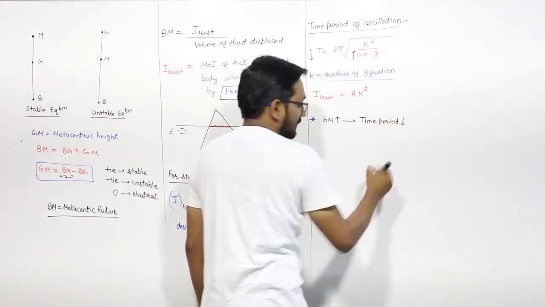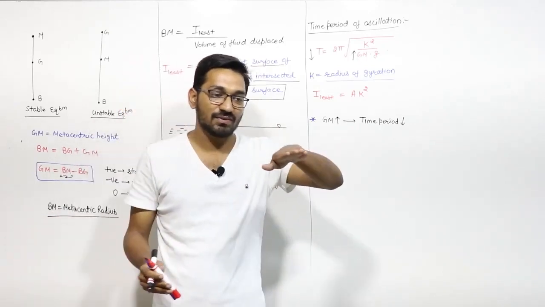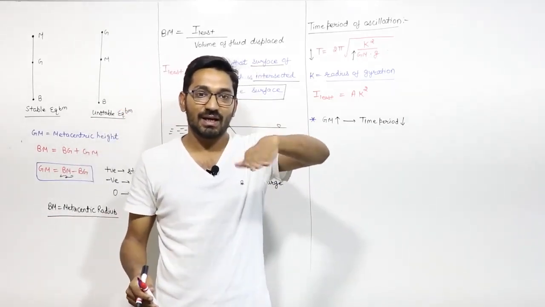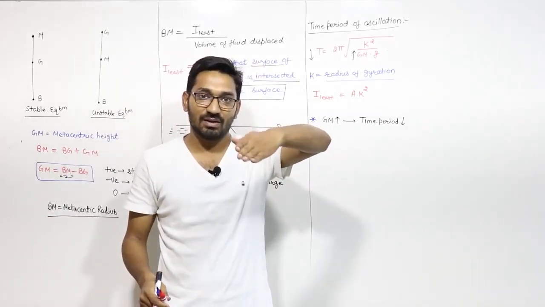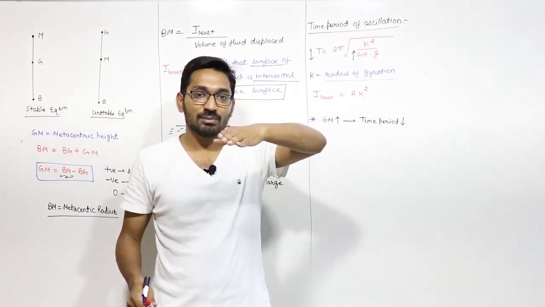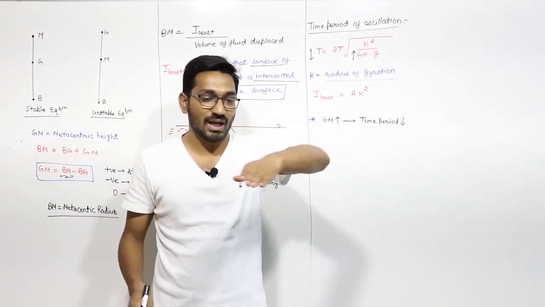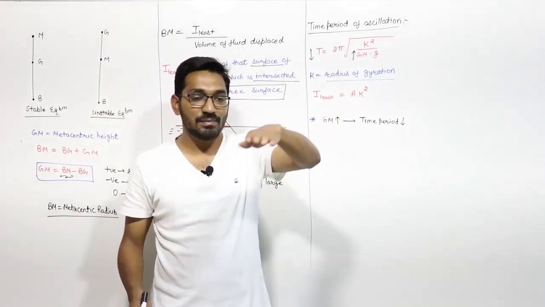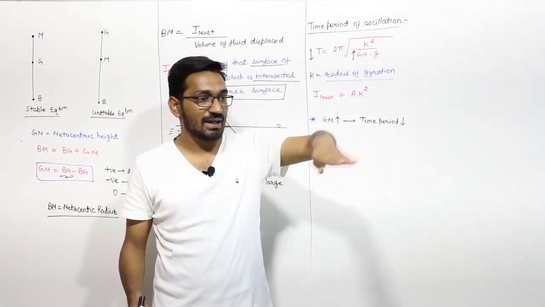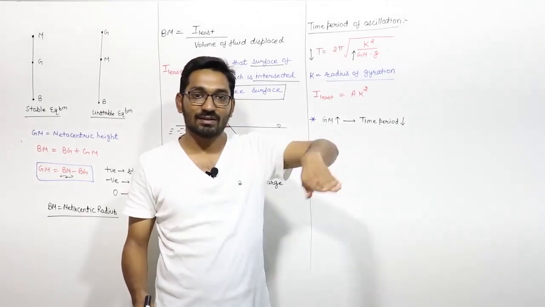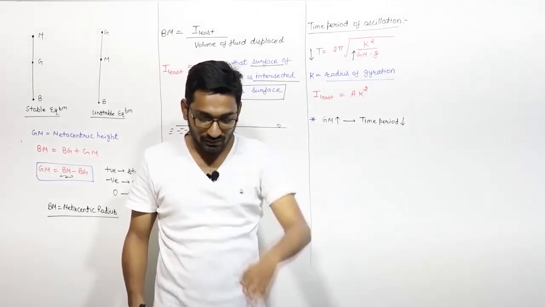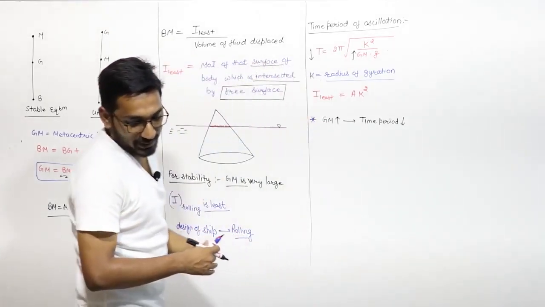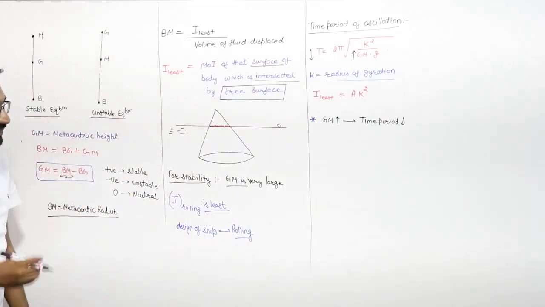Time period less means that this body will oscillate very fast, like this, right? Time period more means it will take more time to complete one cycle, like this it will go, and time period very less means very little time to complete the oscillation. So the time period is less if the metacentric height is more.